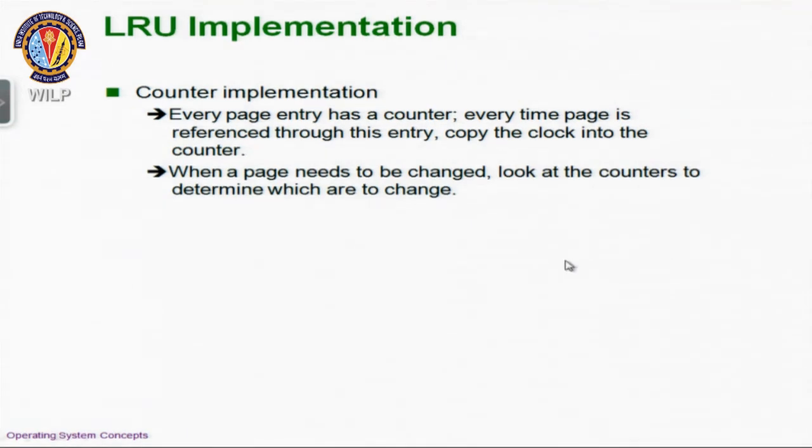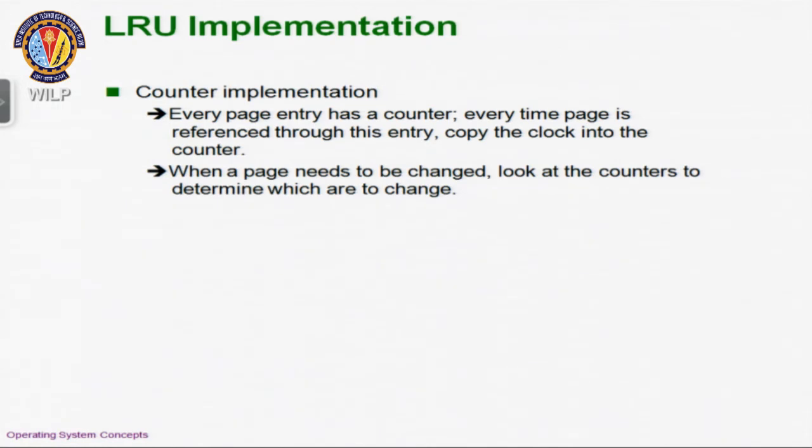But then in this case the question arises: what should be the size of the counter? If we keep a very large counter, let's say that for a single byte I keep a 32-bit counter, then it is a very large amount of overhead for 4 gigabytes or 1 gigabyte of memory.